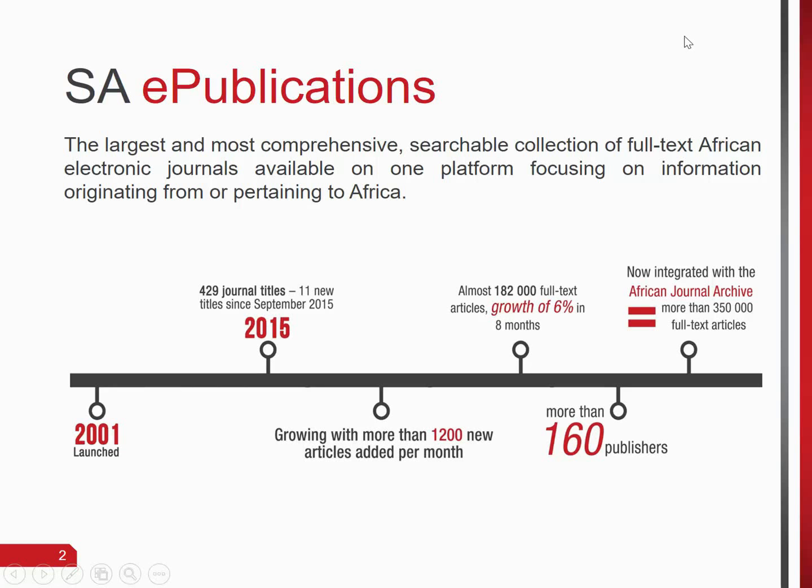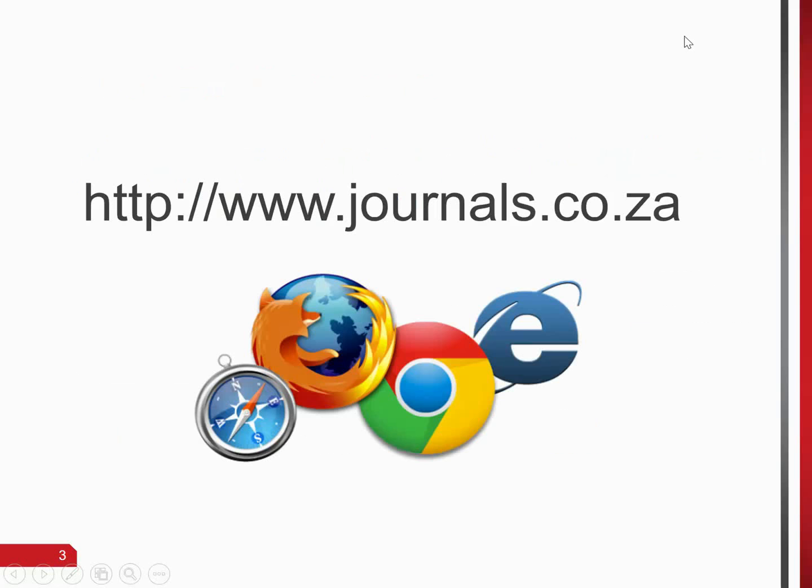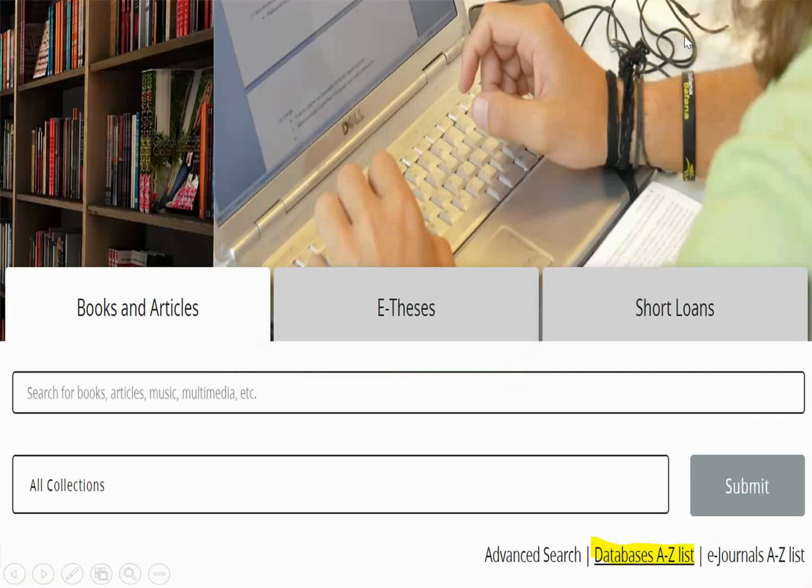It is open access. So the URL to get to our journals is www.journals.co.za, but if you are a student of the University of Stellenbosch, you mustn't go direct to our platform. You must go via the library website to authenticate yourself as a student, because if you go directly, you won't be able to get in.